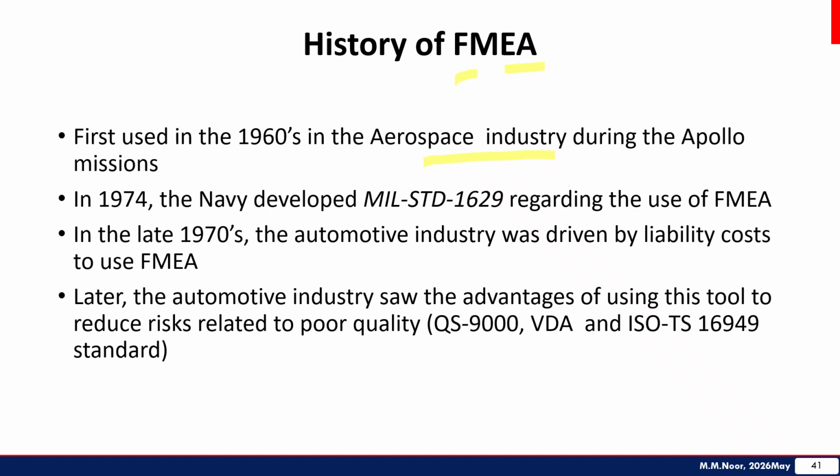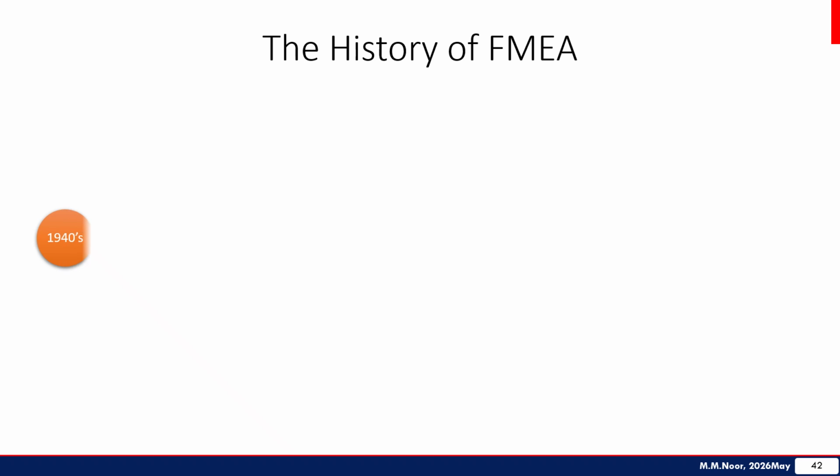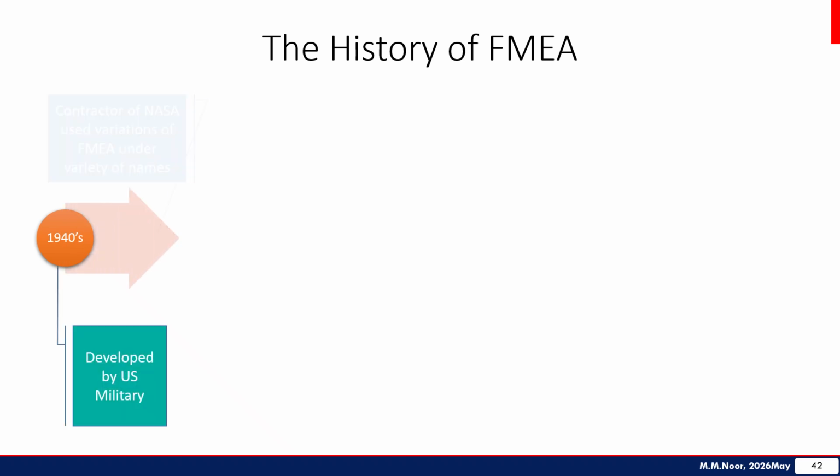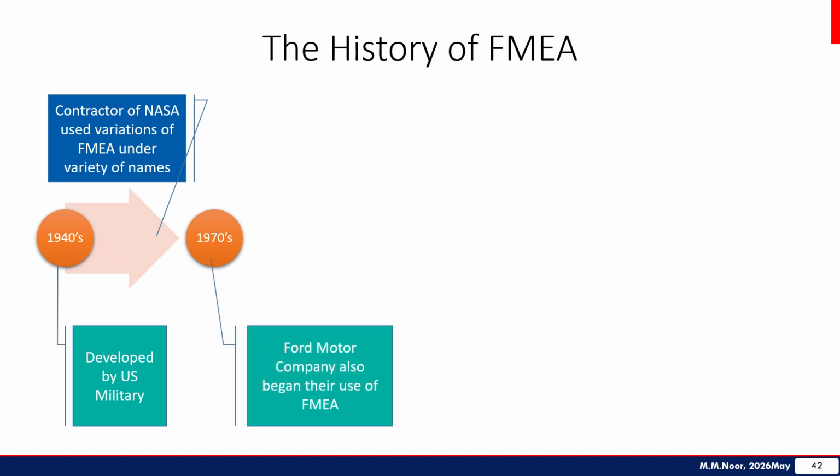Okay, and it extended into the 1970s and onward, with many industries like automotive and others, driven by certain liability costs, using FMEA to improve the processes based on previous historical defects and problems. Okay, this is some history from the 1940s actually, developed by the US military, then to NASA in the 70s.